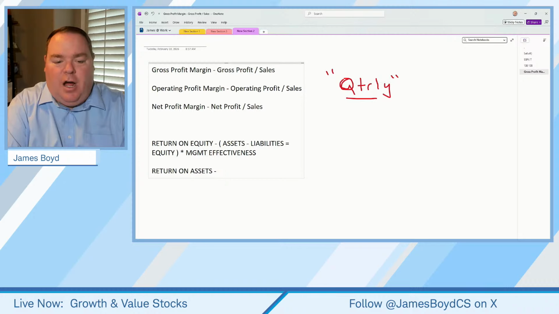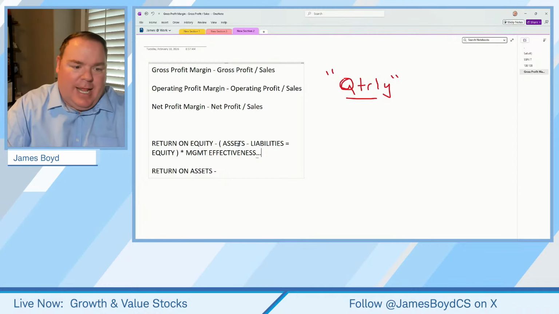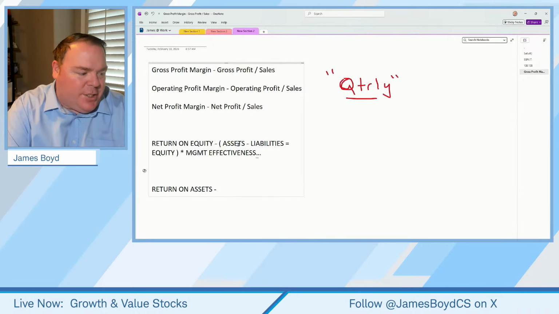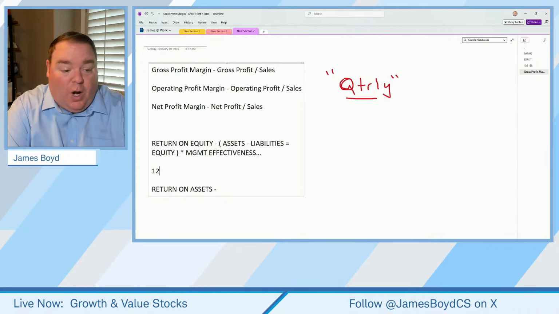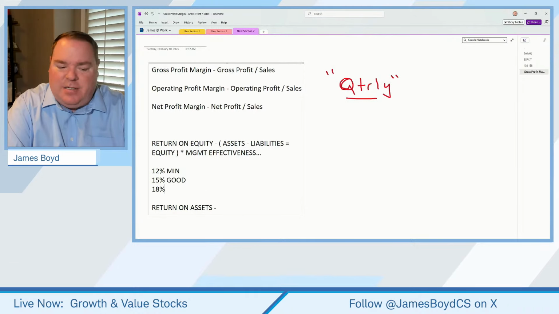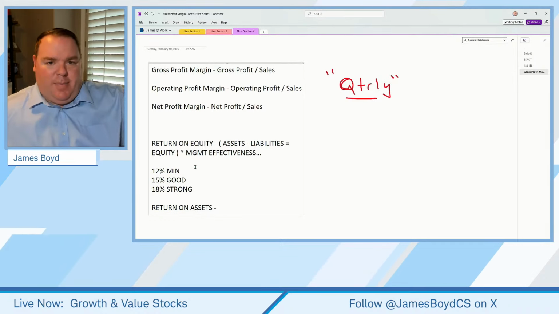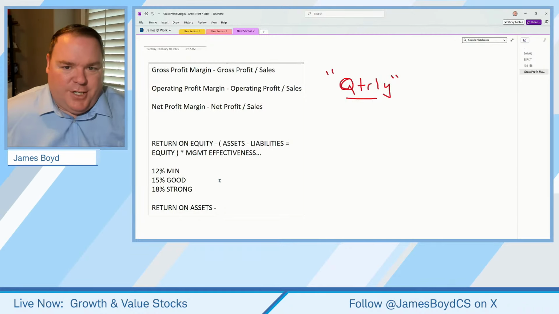We want to actually know how much are they making on the equity of that business. Numbers or percentages such as, let's say, 12%, okay, minimum, 15% would be good. And if we saw 18% plus, this is strong growth, okay? So if we saw, now it's going to be expressed in a percentage.